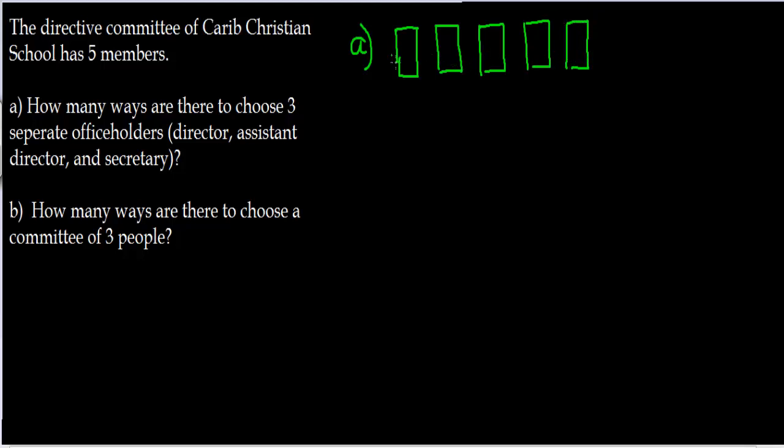So let's say this is Tom, and let's say this is Laura. Tom, Laura. And let's say this is Mike, Sandra, and let's say we have a Peter. Okay, those are my 5 members in the directive committee.